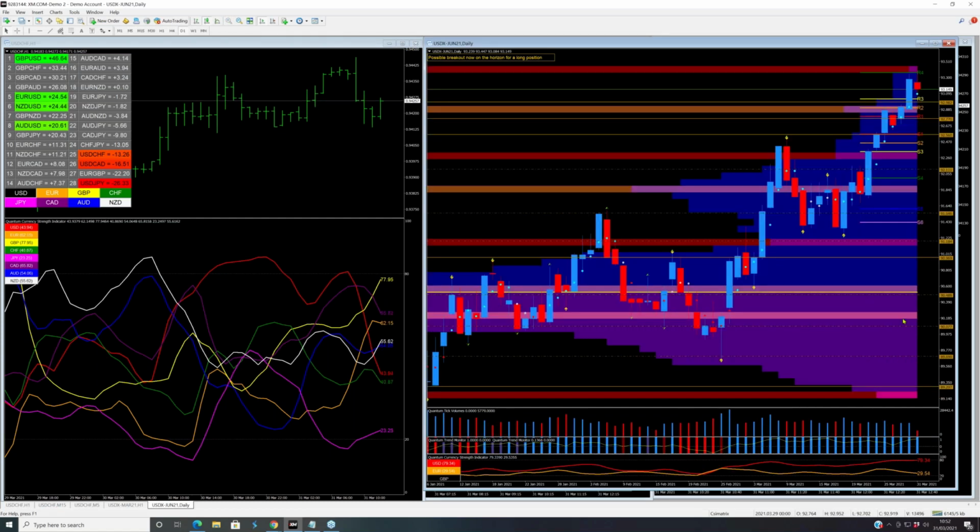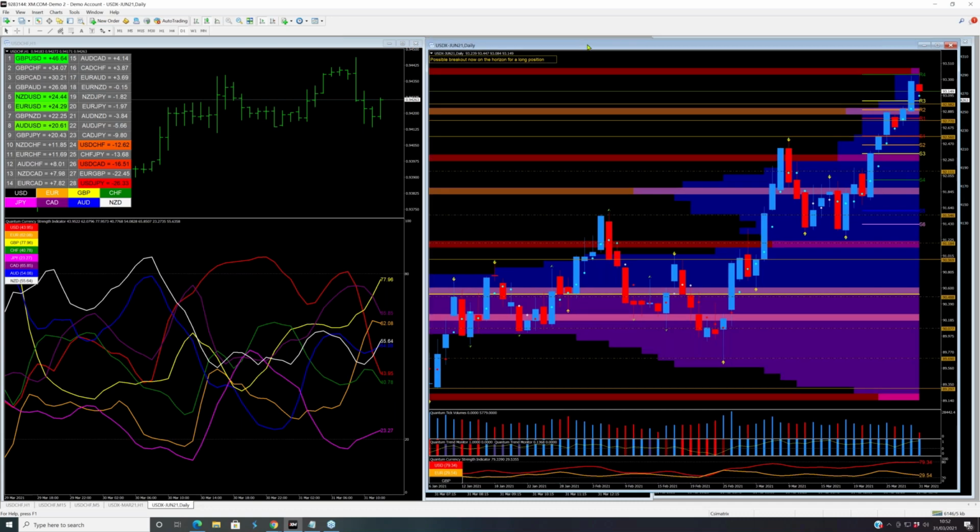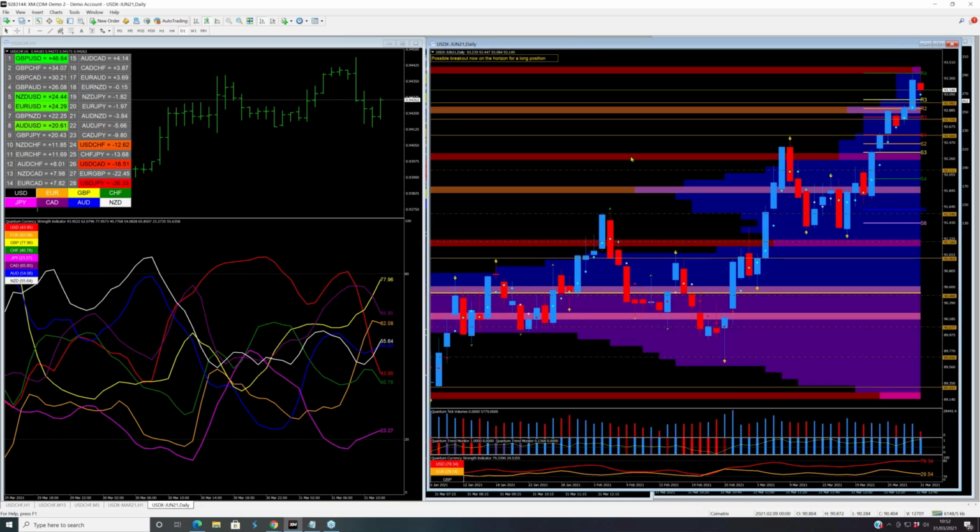This is the dollar index, based on the Dixie index. This is on XM. Some brokers will offer this and some don't, but XM just happened to offer it, so I've got it here.